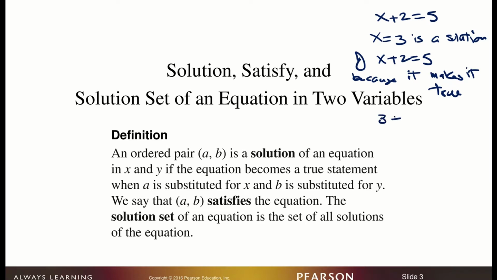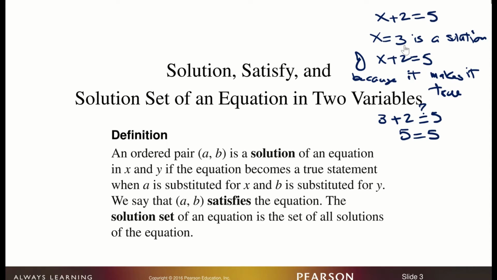Well, let's take 3 and substitute it for x, and we get 3 plus 2. We want to know if that equals 5. And of course, 5 equals 5. So we can see that x equals 3 makes this equation true. That's why we say x equals 3 is a solution.